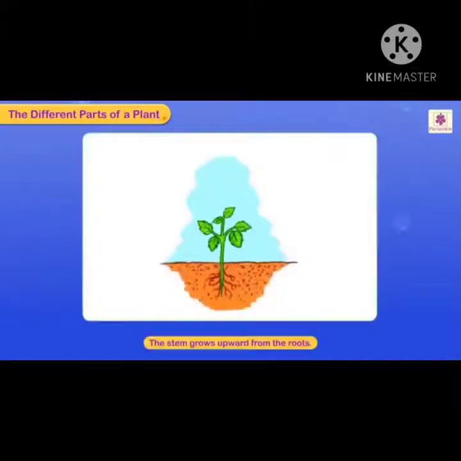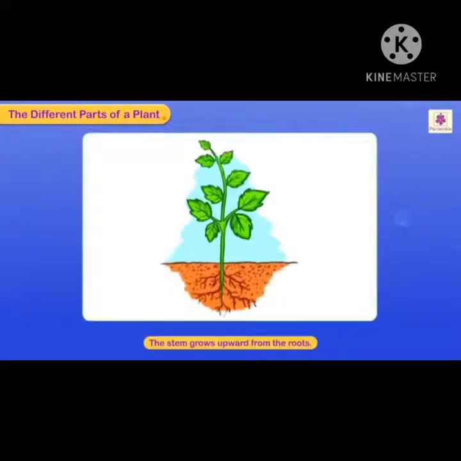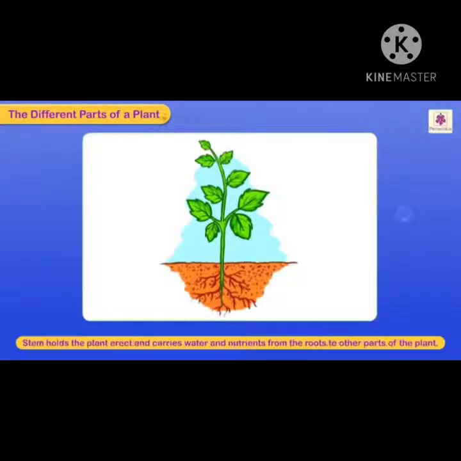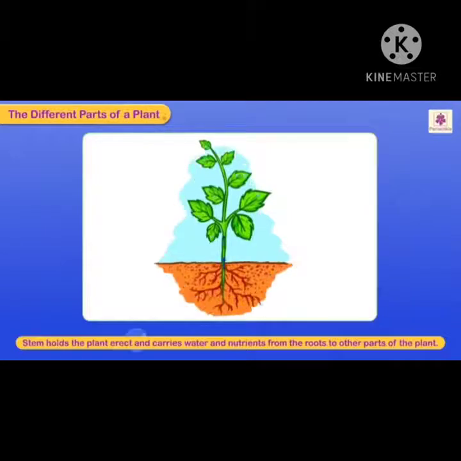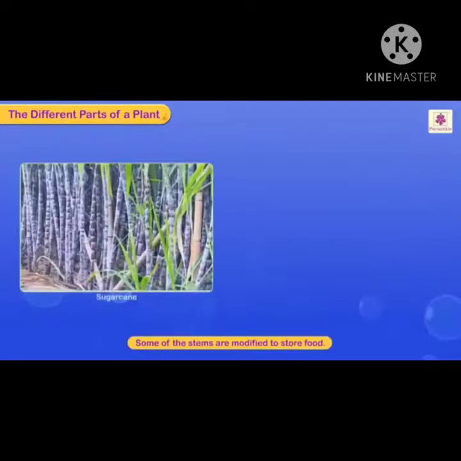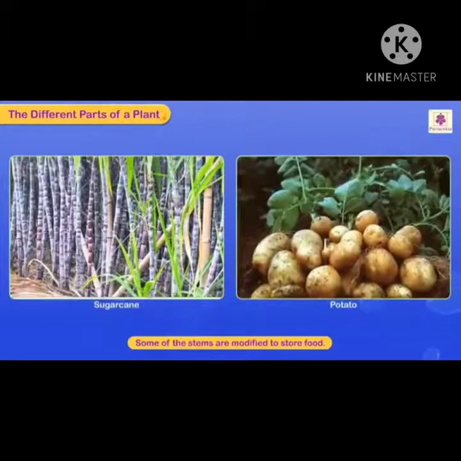The stem grows upward from the roots. The stem holds the plant erect and carries water and nutrients from the roots to other parts of the plant. Some of the stems are modified to store food.